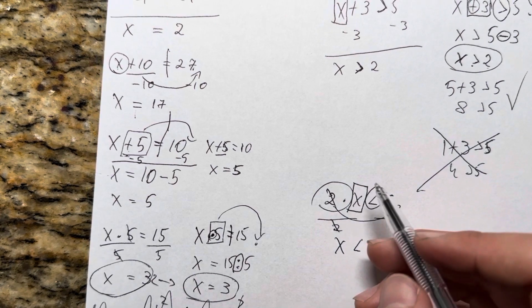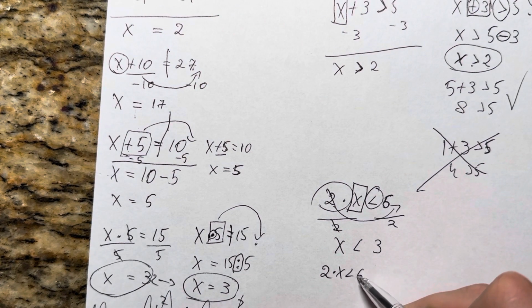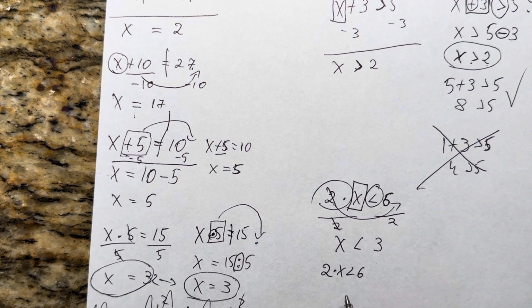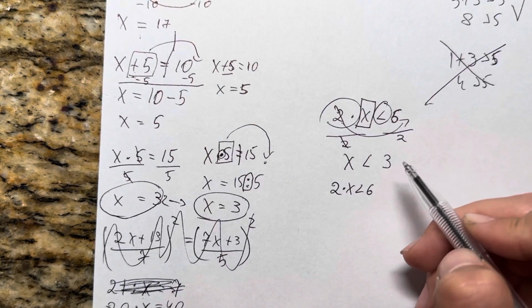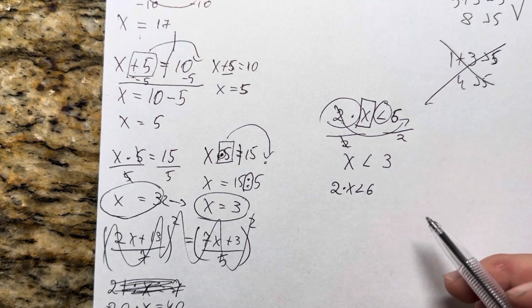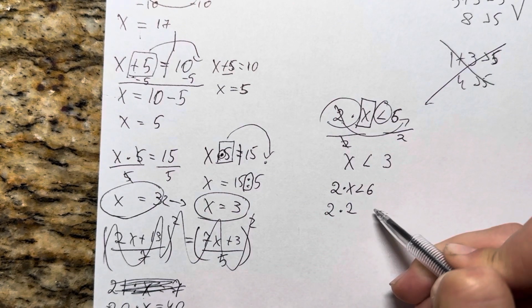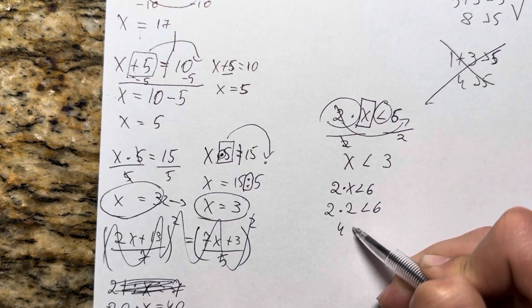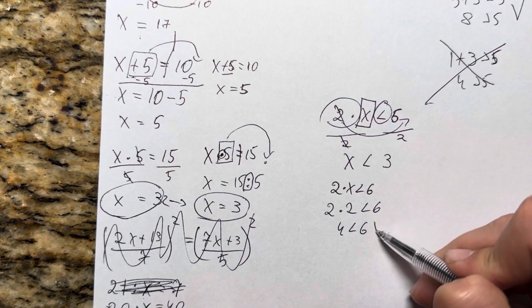So in order for this inequality to be true, your x should be less than 3. For example, if you pick a number that is less than 3, like 2, your inequality will be correct. 4 is less than 6, correct.